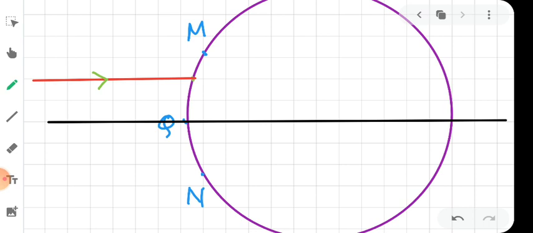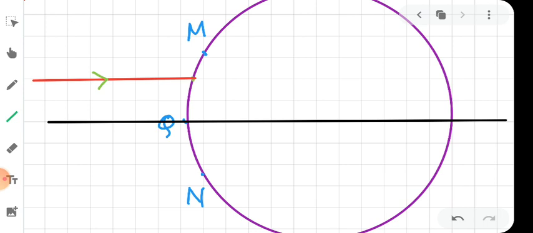How do you do that? Since this is a spherical surface, or let it be any curved surface, I don't mind whether it is a sphere or ellipsoid or paraboloid, it's a curved surface. So at the point of incidence, let me just straight apply the law of refraction.